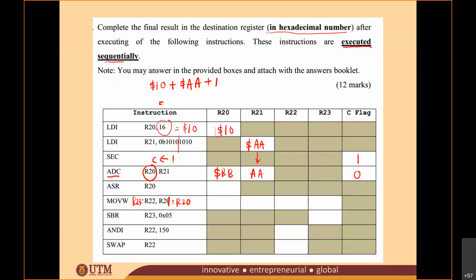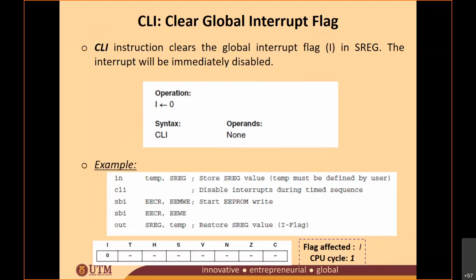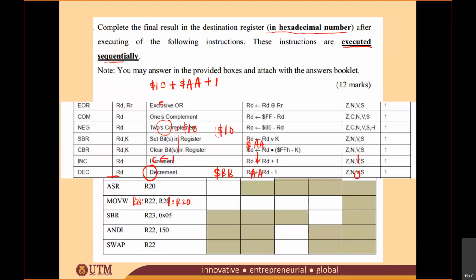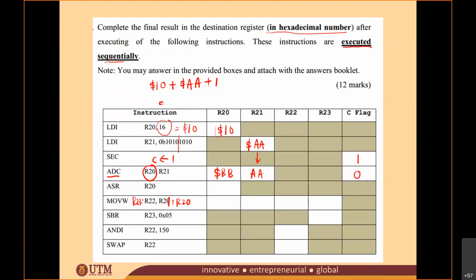Okay, next. ASR R20. What does ASR do? What is ASR? Arithmetic shift right. So how does the ASR work?